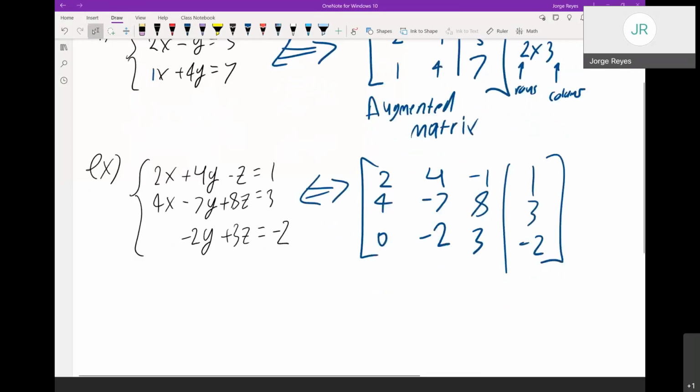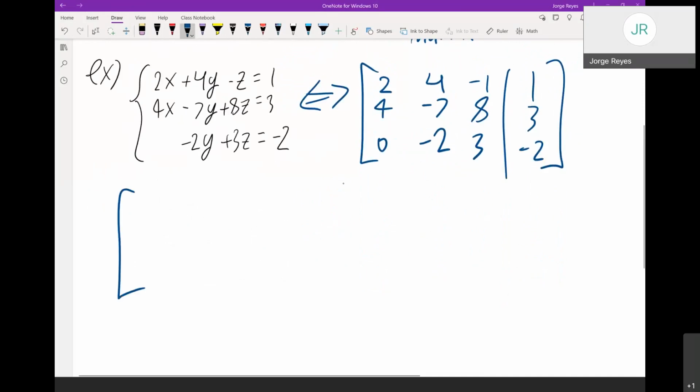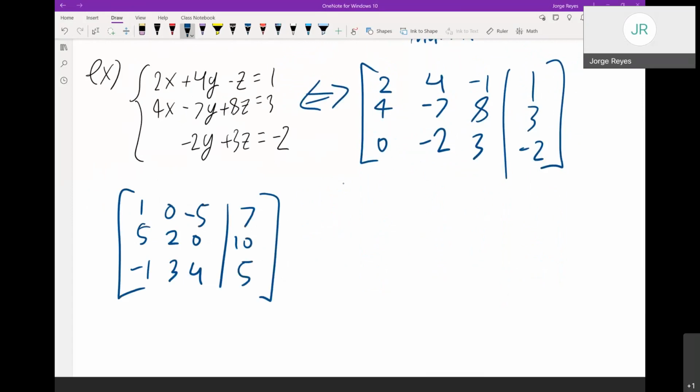You also should be able to go backwards. So if I have a matrix, you should be able to transform it into a system. And here, technically, it doesn't matter what you call the letters. I'm just going to call them x, y, z.